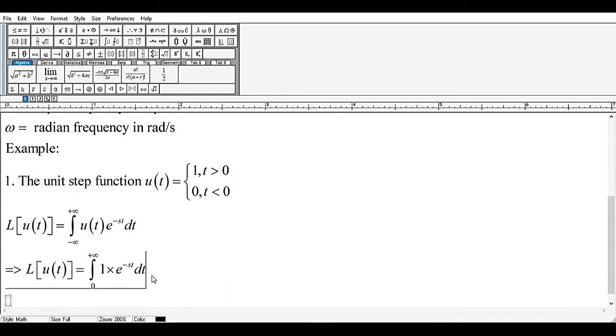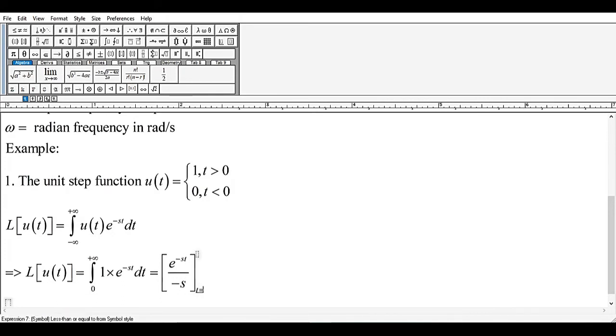Now if we keep on evaluating this, then the integration can be evaluated in the following way. It will be e to the power minus st divided by minus s, and the limits will be from t equal to 0 to t equal to infinity.